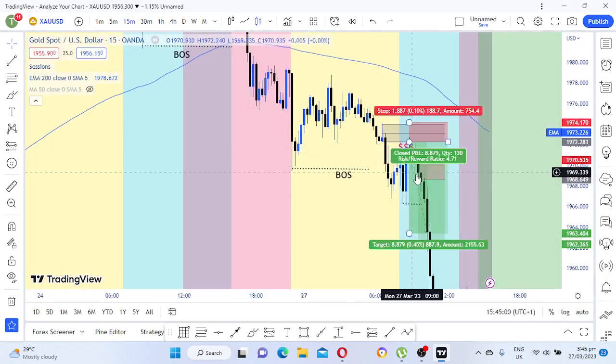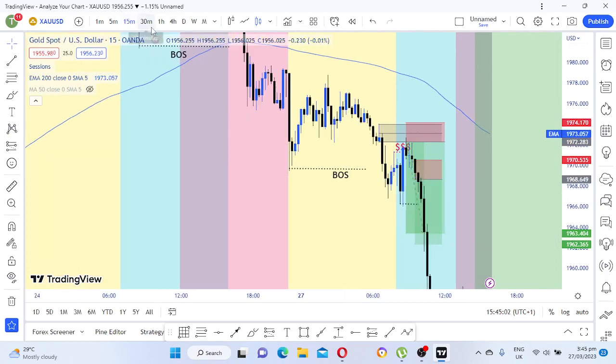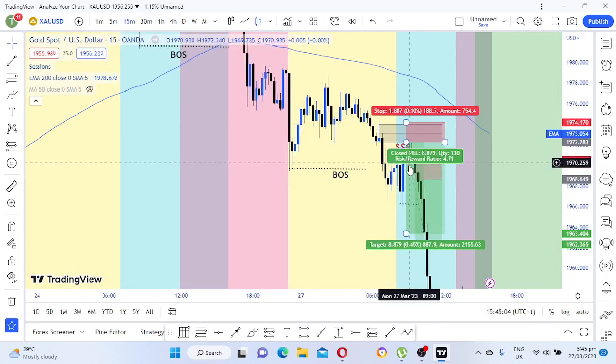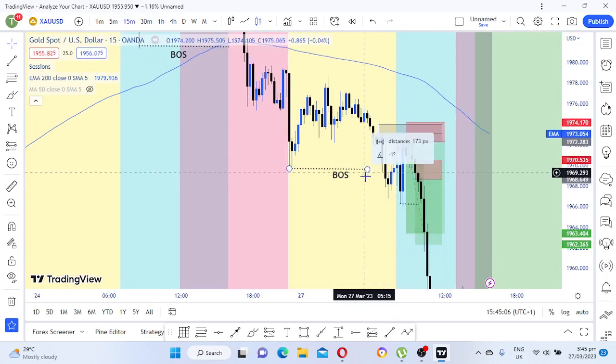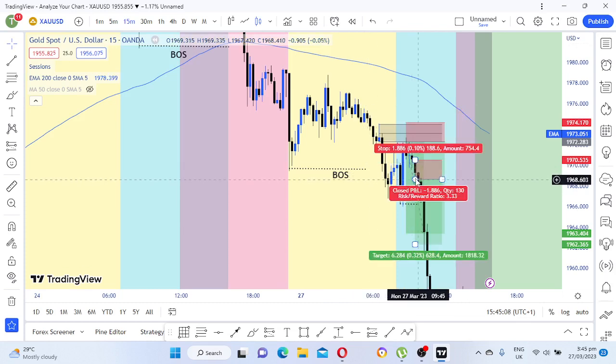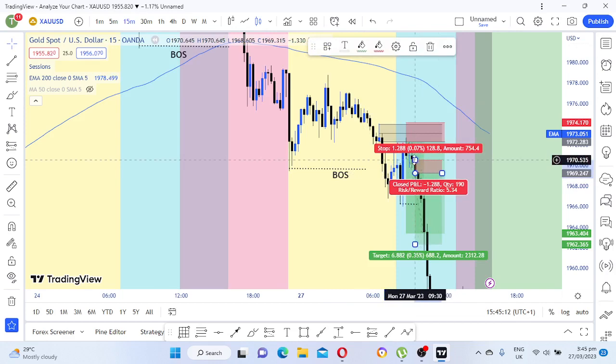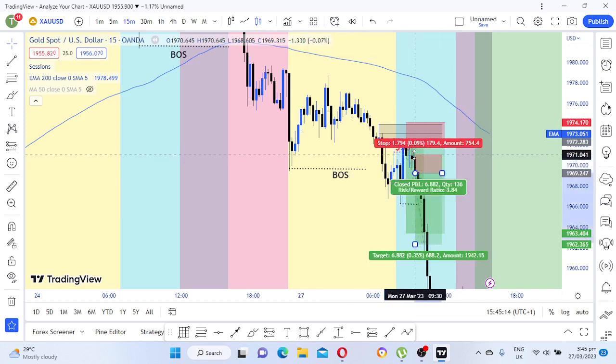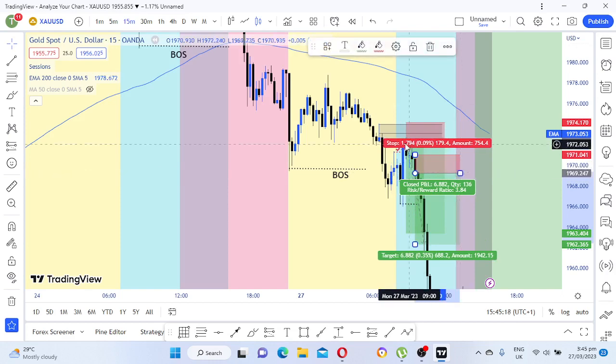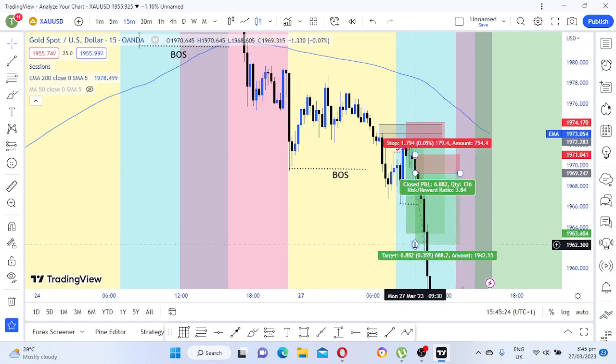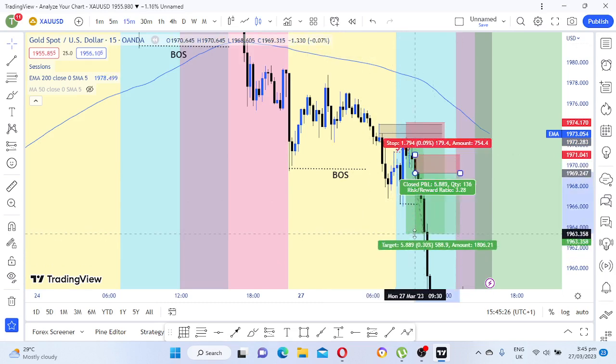Yeah, when the third 15-minute candle closed is where I entered. That was the second entry. My stop loss was just above this candle here, targeting the same area as the first trade.